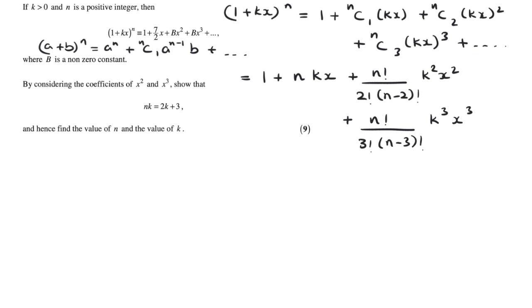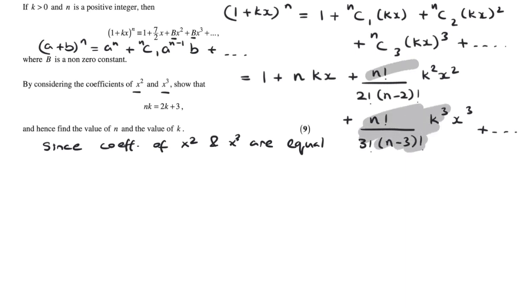Okay, so here I've got all the expansion done, and now I need to consider the coefficients of x squared and x cubed. In the expansion on the right hand side, they're both b, i.e. they're both equal to one another. So since the coefficients of x squared and x cubed are equal, I can simply put them equal to one another.